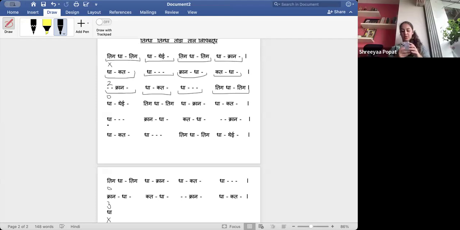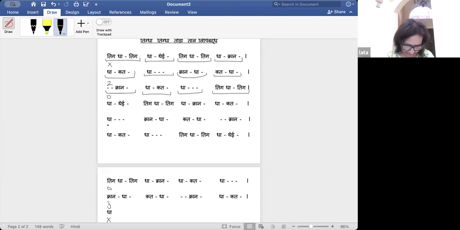Okay, Lataji, your boxes, put the boxes, please. Okay.